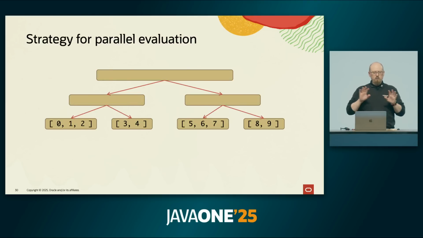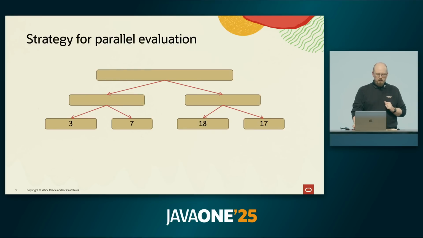And then we split again. And now we decide, OK, this is small enough. Let's process this. So imagine that we are summing things together. So each of these leaves at the bottom will be summed together. So we have a result on each, a partial result. And then we combine at every level above.